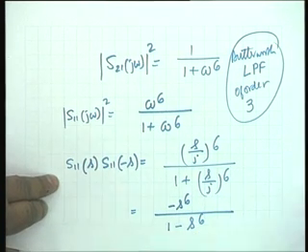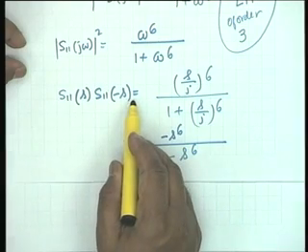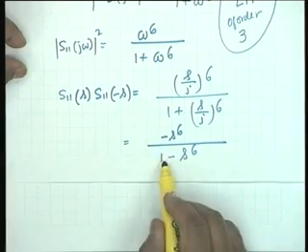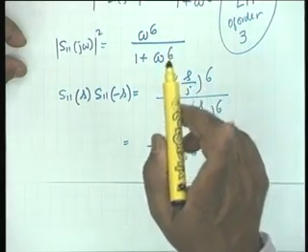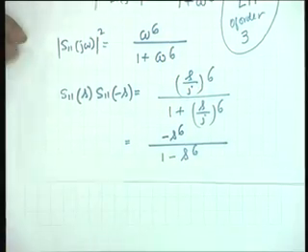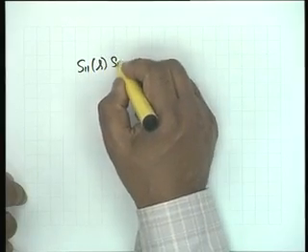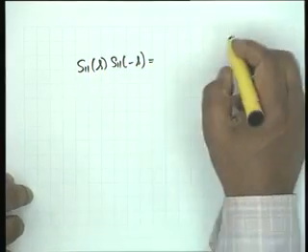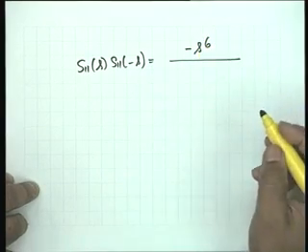Now what you have to do is decompose this into S11 of S and S11 of minus S. That is, in the denominator you have to identify those zeros which are in the left half plane. Now it is not too bad. Our situation is S11 of S times S11 of minus S equals minus S to the 6 over 1 minus S to the 6.